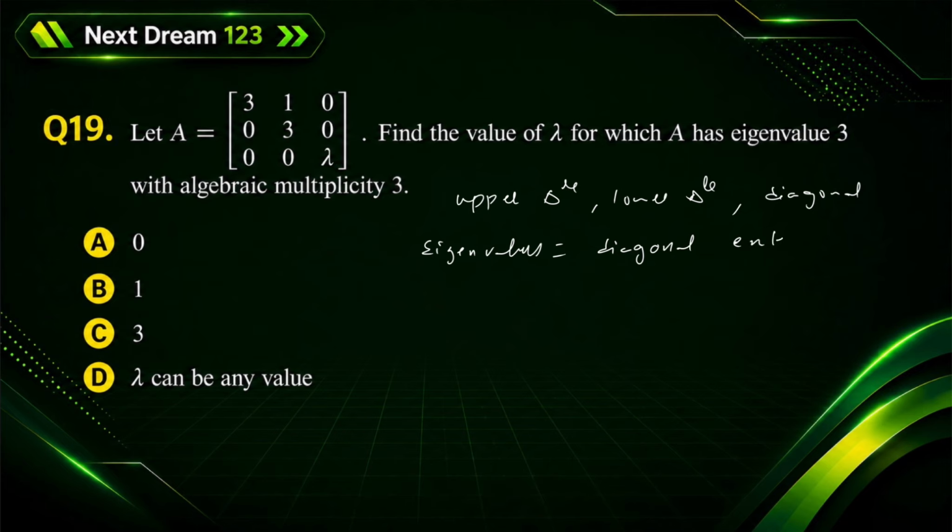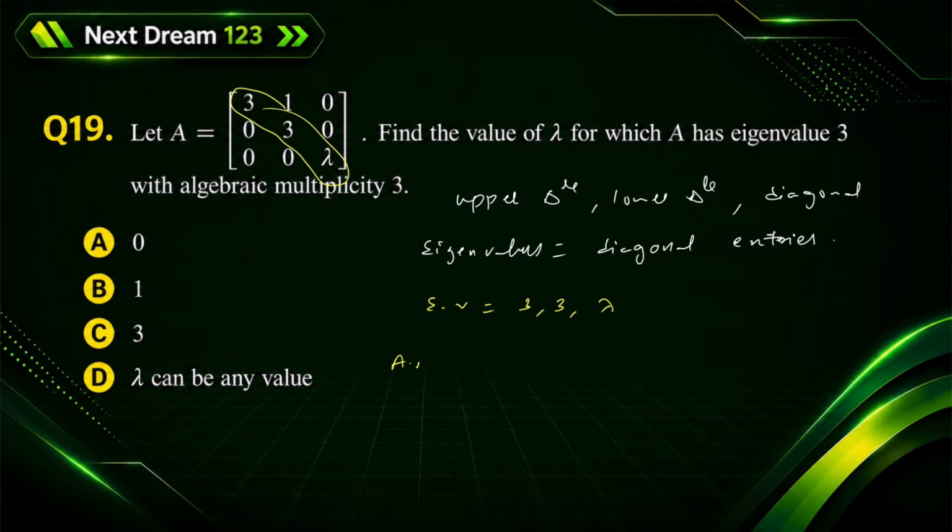This is a shortcut you should remember. The diagonal entries here give eigenvalues 3, 3, lambda.